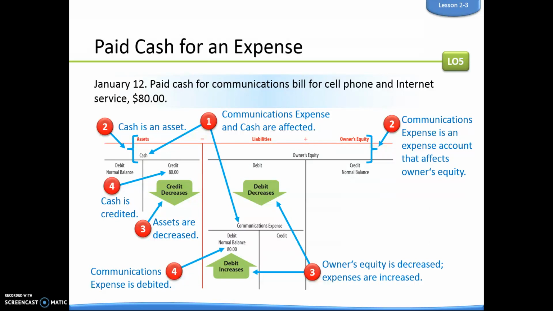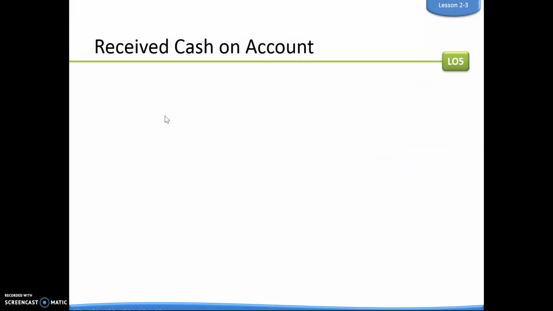The reason it's debited is because communications expense is going up with a debit, and that means that that's technically decreasing owner's equity. Okay, so that's what they're talking about here with this little debit, means that it's decreasing owner's equity, when really the expense account gets increased with a debit. So if you look here, we've got a credit and a debit. They both equal $80, and so we are happy with that, paying cash for an expense.